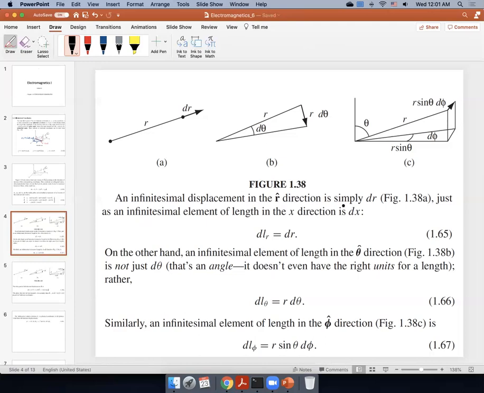First, let's see the infinitesimal displacement in the r direction. This is very simple.